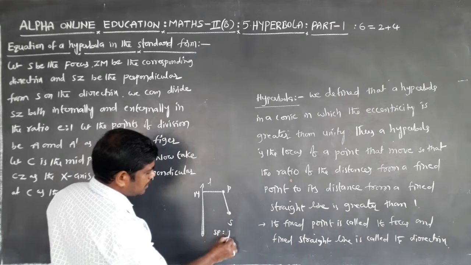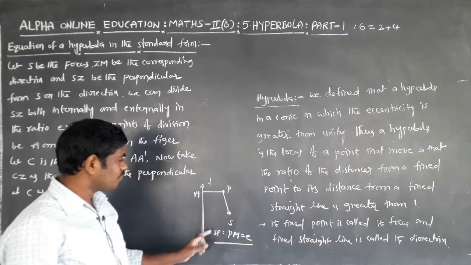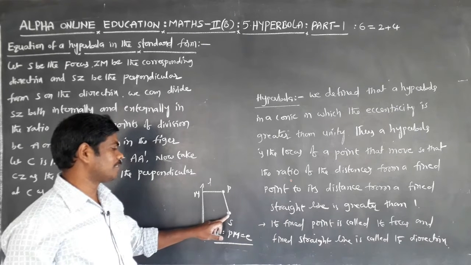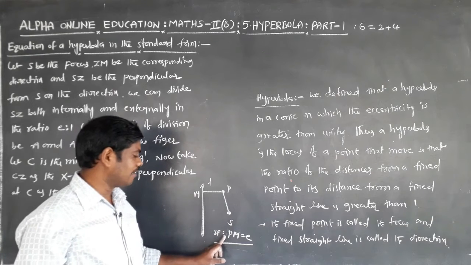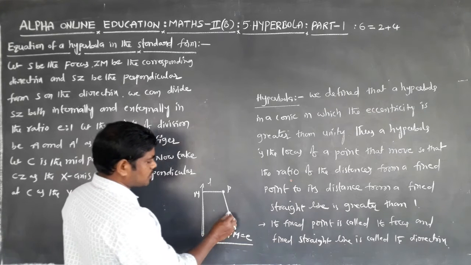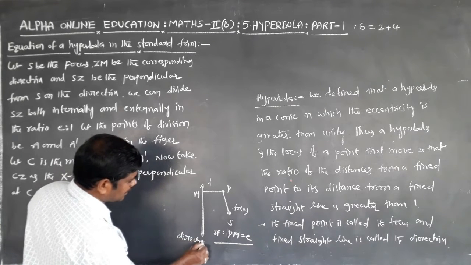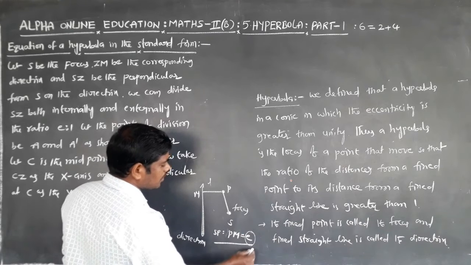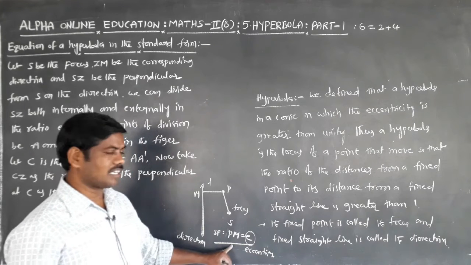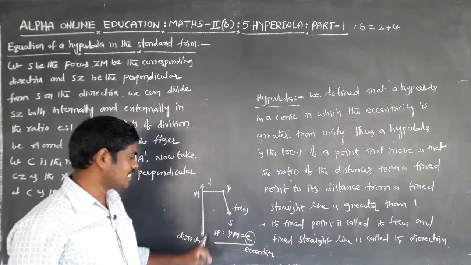So SP is to PM equal to E. Here the fixed point is called the focus, the fixed line is called the directrix, and the constant ratio is called the eccentricity.